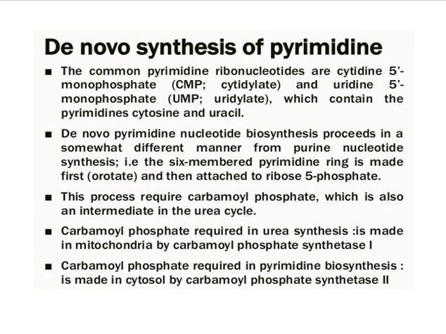The carbamoyl phosphate that is required in urea synthesis is made in mitochondria by the carbamoyl phosphate synthetase 1, while the carbamoyl phosphate that is required in pyrimidine biosynthesis is made in cytosol, and the enzyme is carbamoyl phosphate synthetase 2.